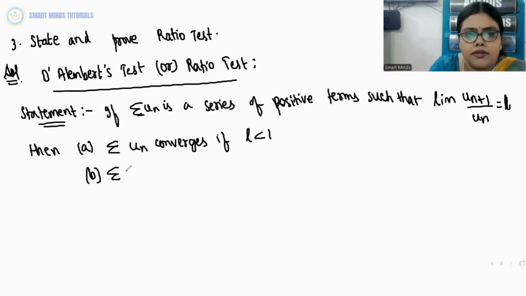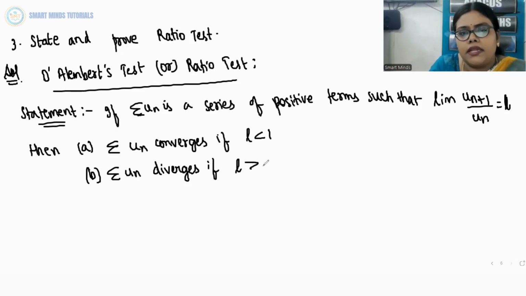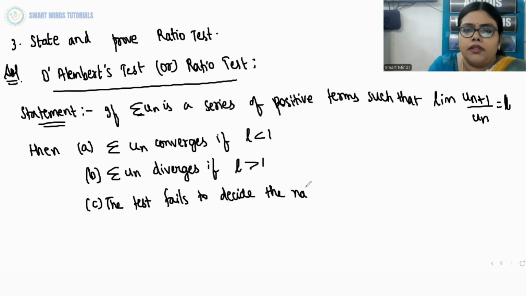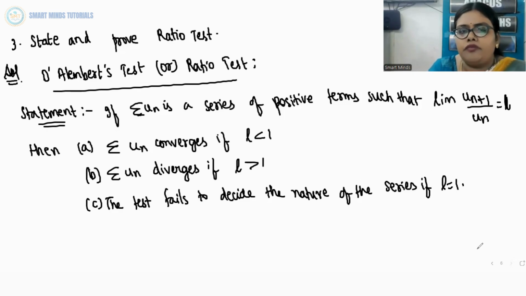B bit, sigma un diverges if L is greater than 1. C bit, the test fails to decide the nature of the series if L is equal to 1. This is the statement of ratio test.